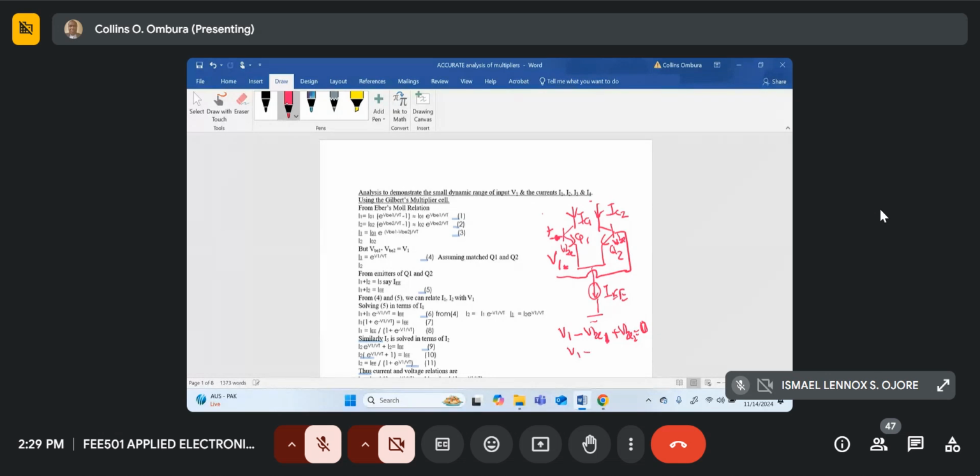So I'll get V1 is VBE2 minus VBE1. And so from this equation over here, V1 is... I think I'm making a mistake over here. I think when I hurry, I make a mistake.